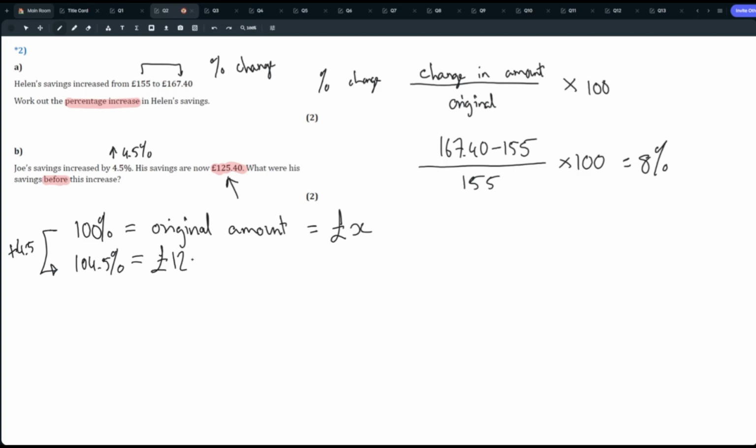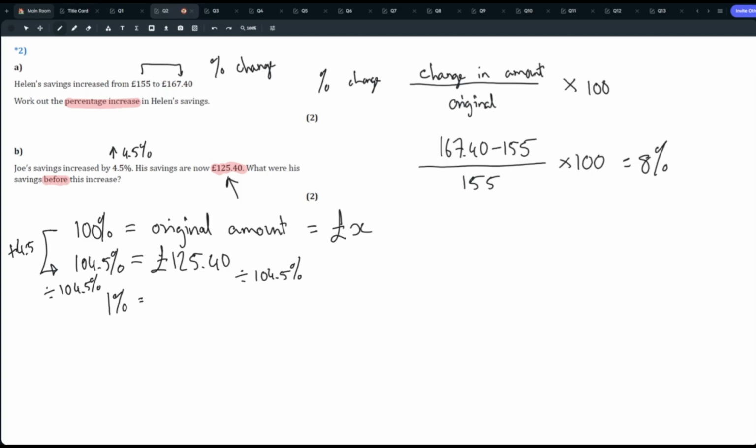So if we know that, we can easily work out what 1% is. Because I want to get to 1%, I divide by 104.5%. Whatever I do one side, I do to the other side.